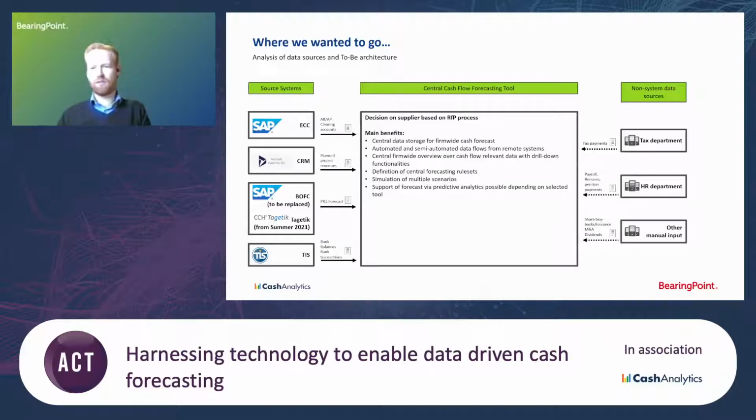First, we had our ERP data. Probably not much of a surprise for anyone involved in forecasting processes: a lot of the data you need for your forecasting, especially in the shorter term, such as open items on accounts receivable and accounts payable, sits in your ECC or ERP system. In our case, it has been an SAP system.